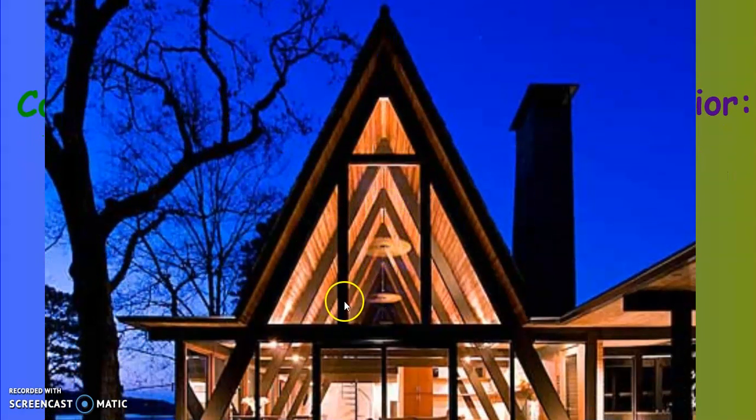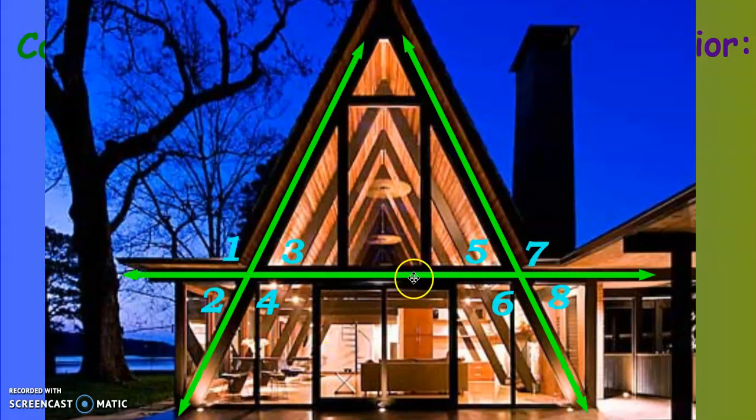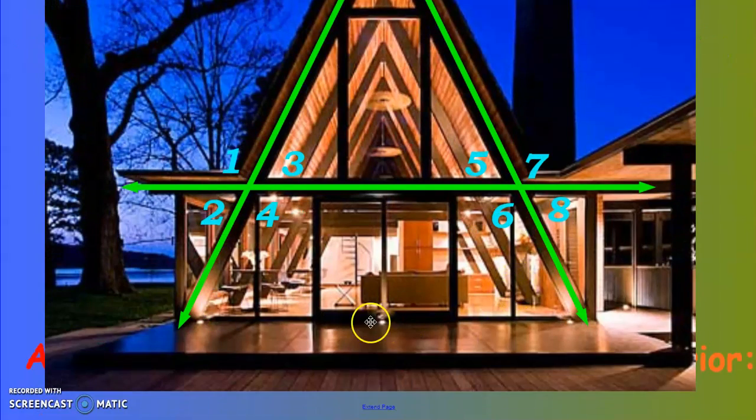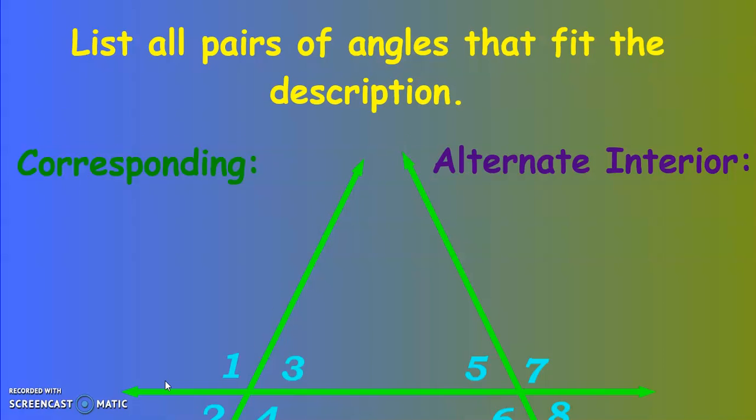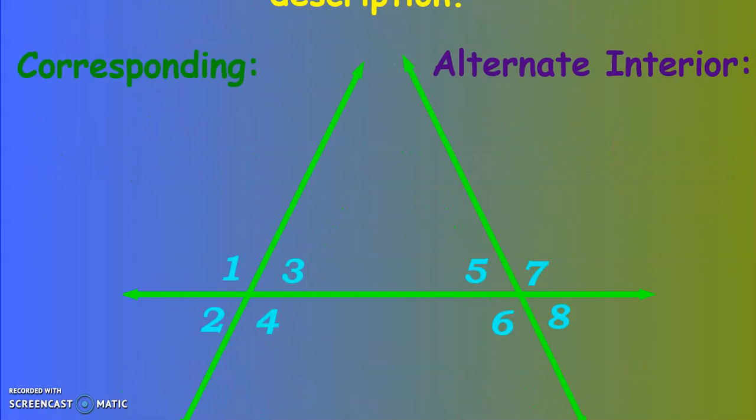So if we look at another example, this is just a real life example of some architecture. And here's the angles that are formed. So we're going to list all the types of the angles. So corresponding angles. Corresponding angles are angles that are in the same position. So angle 1 is corresponding to angle 5.